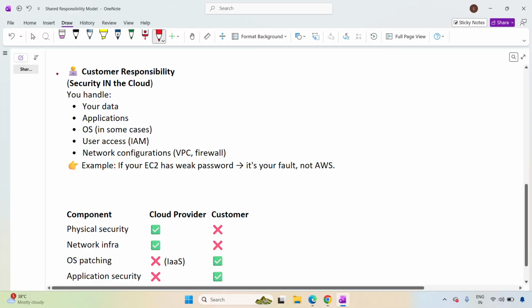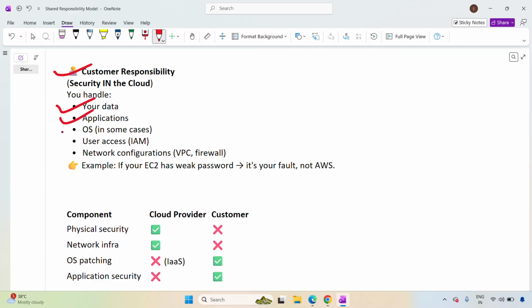Now, what is the responsibility of the customer? The customer is responsible for his data, his application, his operating system, and his user access. You can't give every user administrator access. You will have to give access based on his or her role. That is RBAC. Minimum access should be given to every user, only the access which he or she needs to perform a specific task, right?